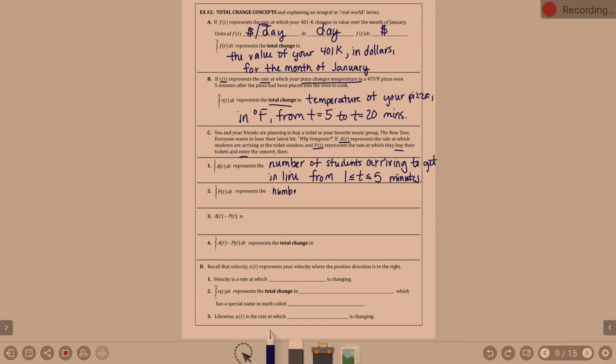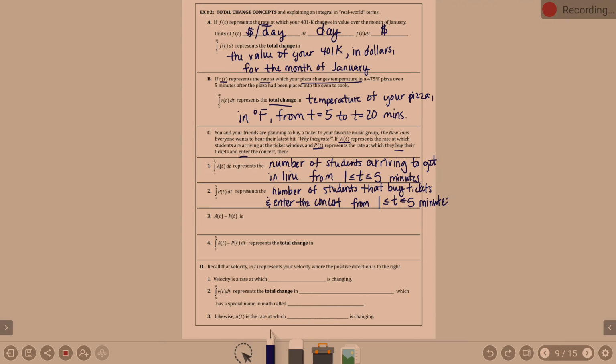So the number of students that buy tickets and enter the concert from 1 to 5 minutes.